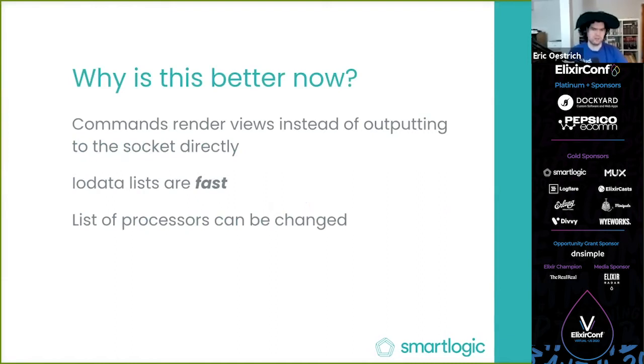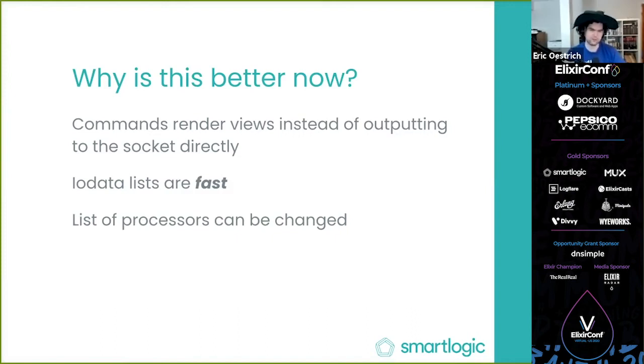So this is a lot better because the commands render views instead of just echoing directly. It goes back to everything else about the connection, where it just builds up an intent and then something else deals with it. IO data lists are extremely fast compared to building full strings. In the second iteration I had of Xventure internals, this was last year at ElixirConf, I just saw Johanna Larson's string processing talk and was inspired to start messing around with IO lists for that project.